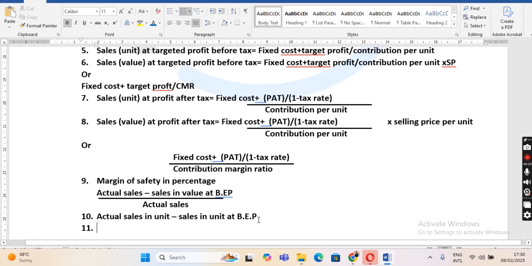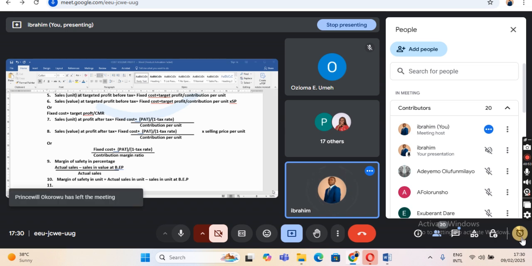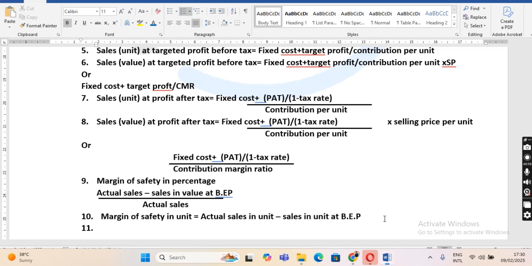Lastly, let's say margin of safety in value. Okay, this is in units. This is the formula. I'll tell you the implication.